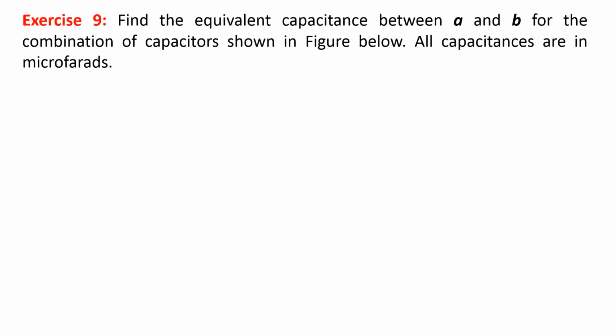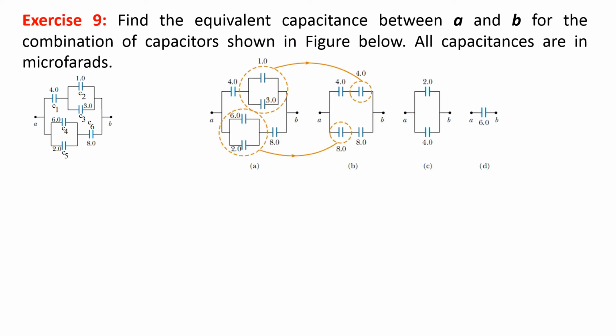Question number 9. Find the equivalent capacitance between point A and B for the combination of capacitors shown in the figure below. All capacitances are in microfarad. We are given such a diagram. As a solution, we first take capacitance 2 and capacitance 3 to be in a parallel connection.